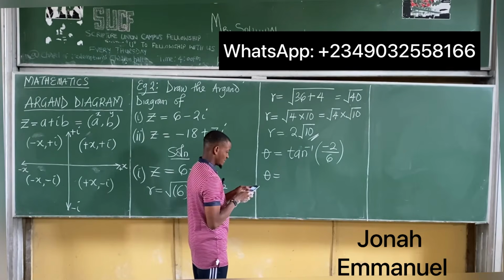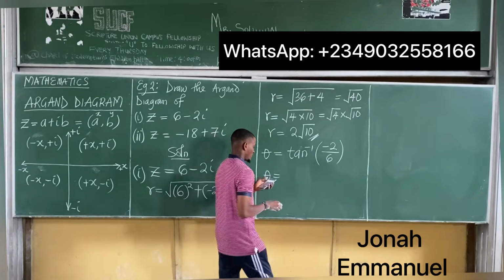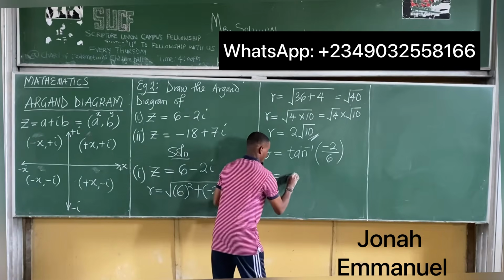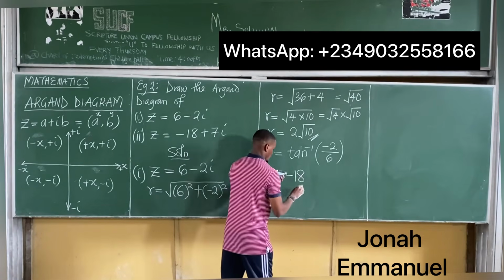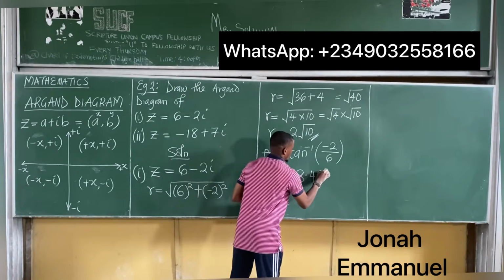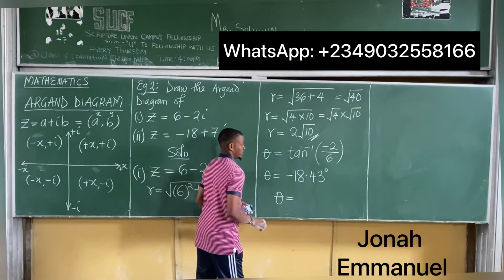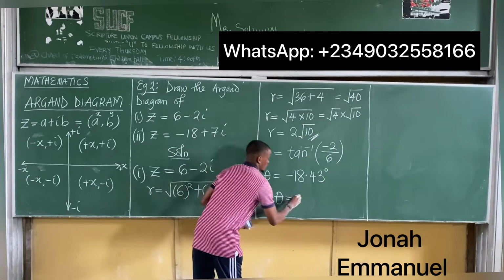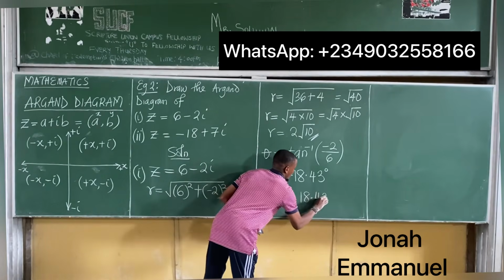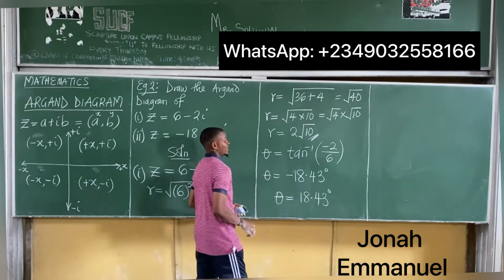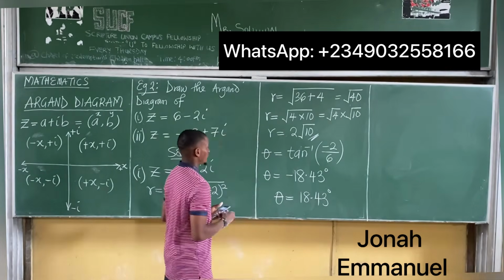I'm having the answer as negative 18.43 degrees. We'll leave out the negative. The negative is only showing direction, that it's going to the negative axis of the y. It becomes 18.43 degrees. You can leave out the negative, it only shows direction, that it's going to the negative part of i.